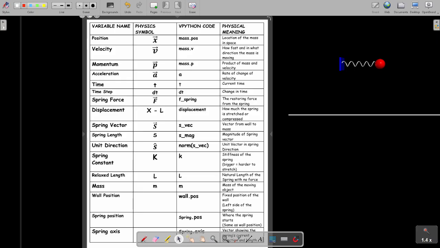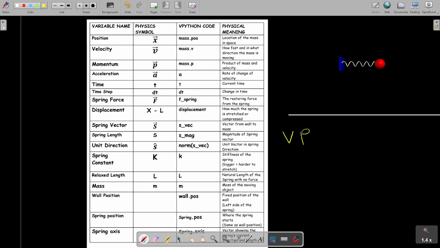Hello everyone, welcome to today's tutorial. In this tutorial we're going to be looking at Python for physics, and in particular we'll focus on VPython. So what is VPython? Well, VPython is a programming language that gives you 3D visualizations.